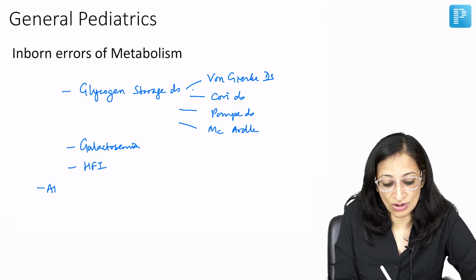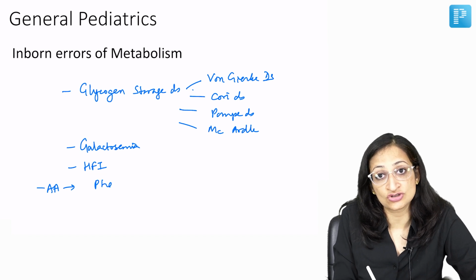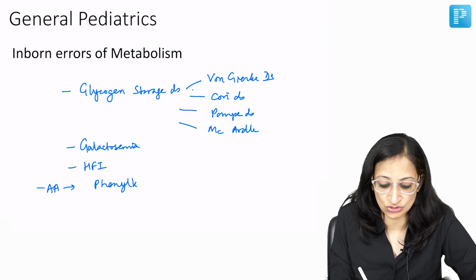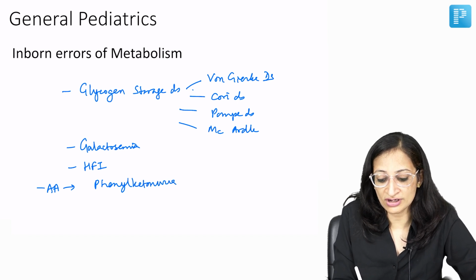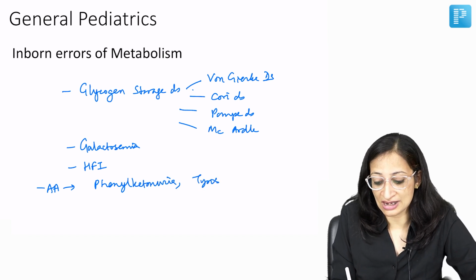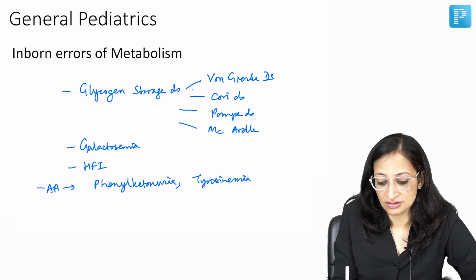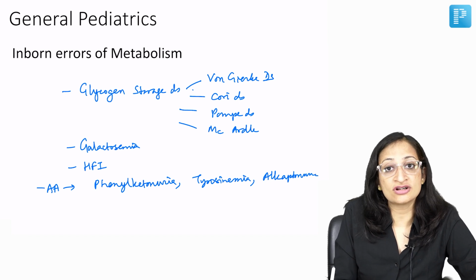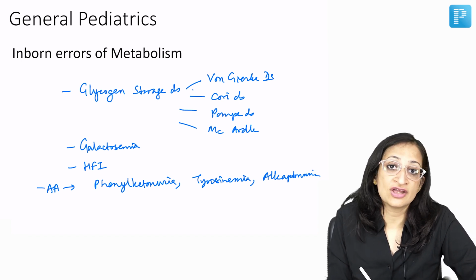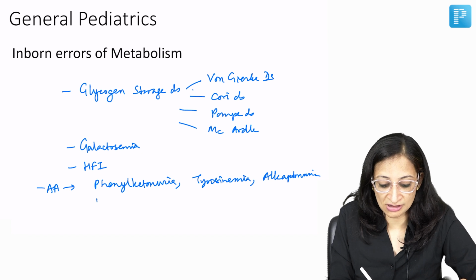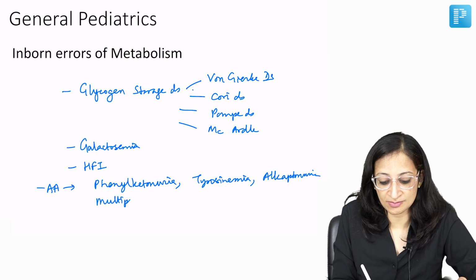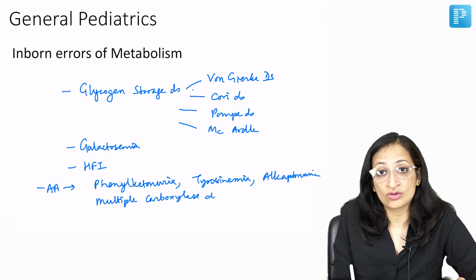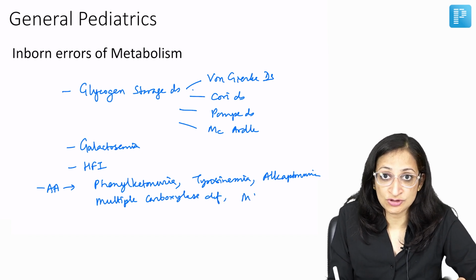Now, among the amino acid disorders, the important ones are the disorders of phenylalanine metabolism, like phenylketonuria, tyrosinemia, alkaptonuria. Apart from that, other important disorders of the amino acid group are multiple carboxylase deficiency, where biotin is supplemented, and maple syrup urine disease.